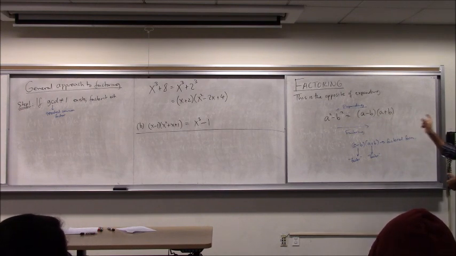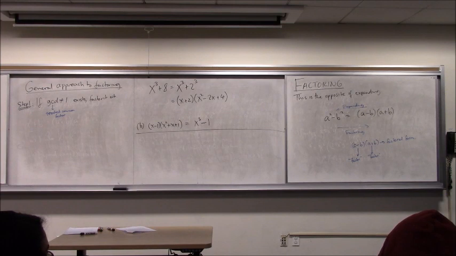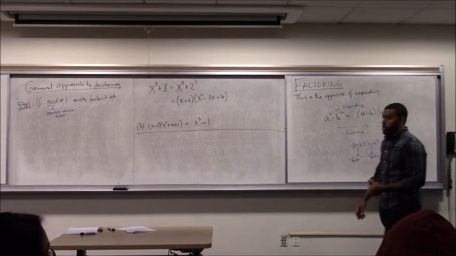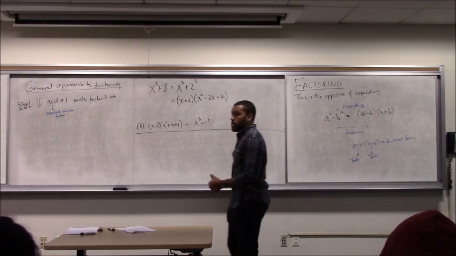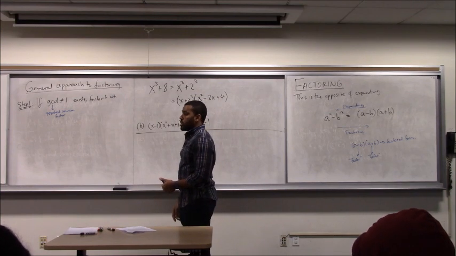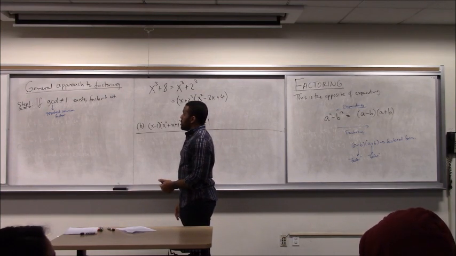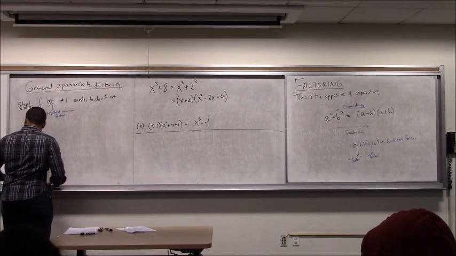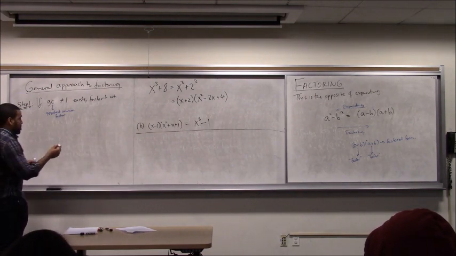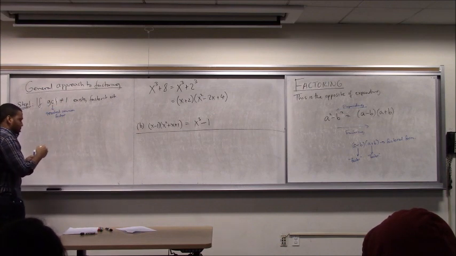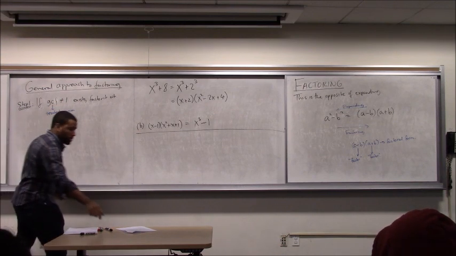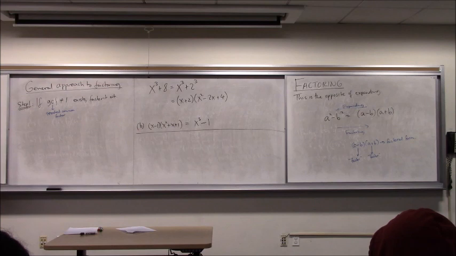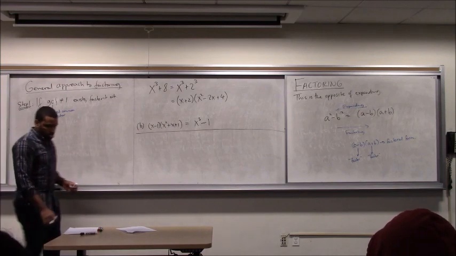And if there's something that's a factor in everything, every term, you call that a greatest common factor. Oh, I do mean F. This is greatest common factor. So it was like the x squared.